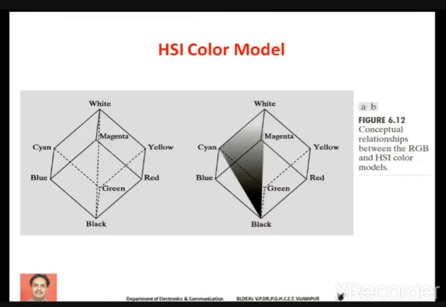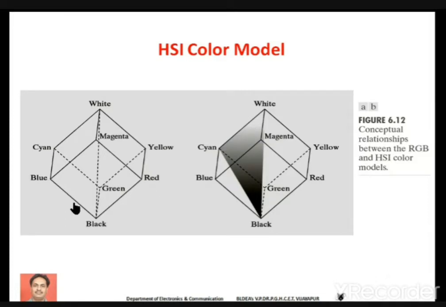The color model can be represented like this. Here is the way we represent the HSI color model. If you look at this color model, you can easily understand how to mark the points. We have first red R, then this point as G and this point as B, that is red, green, and blue.